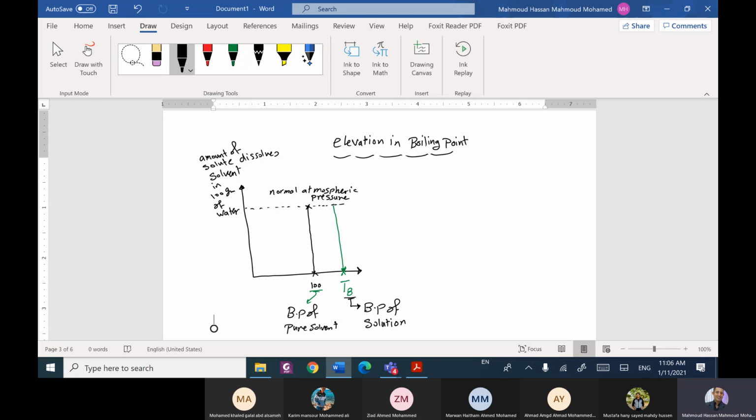Return back to the vapor pressure. The vapor pressure for the solutions is lower than the vapor pressure of the pure solvent.